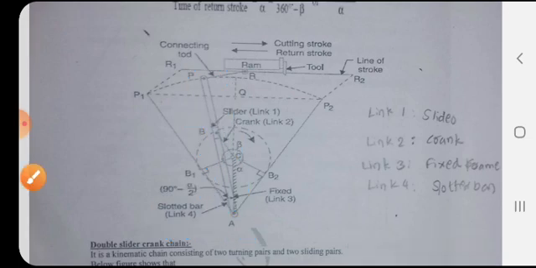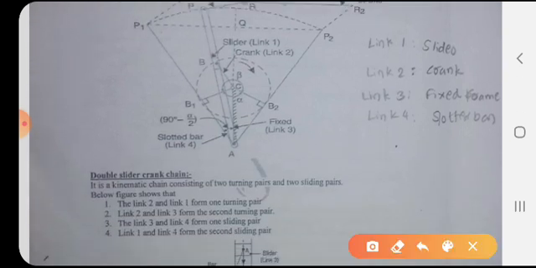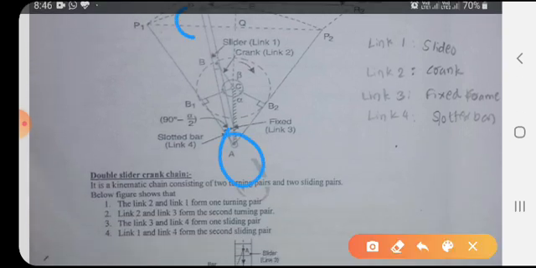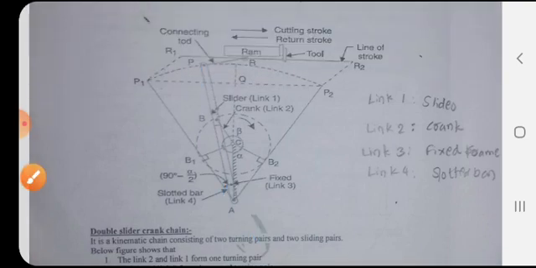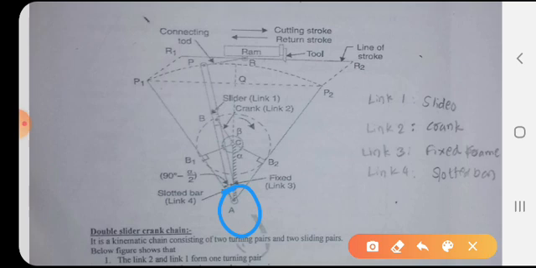This is the slotted bar AP, and it causes AP to oscillate about the pivot point, pin A.